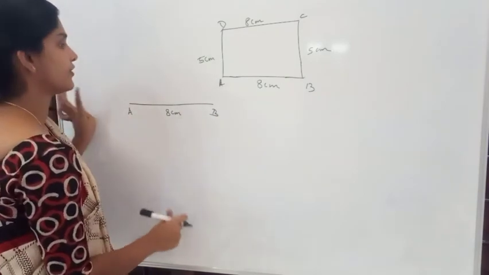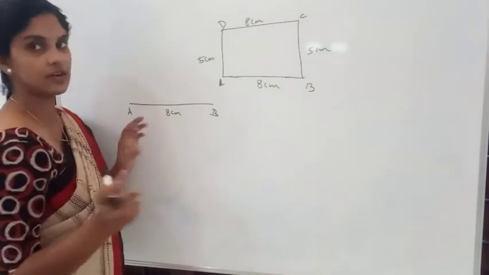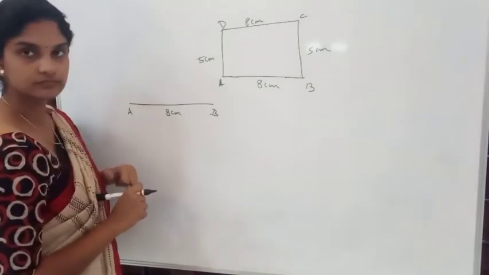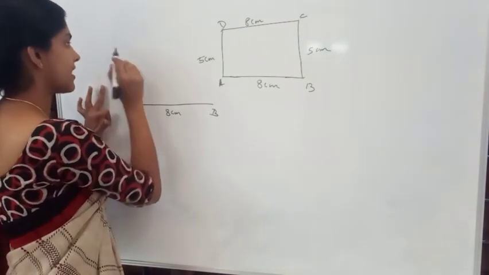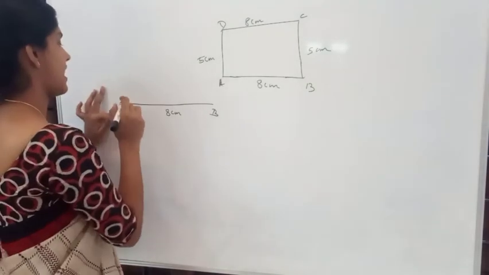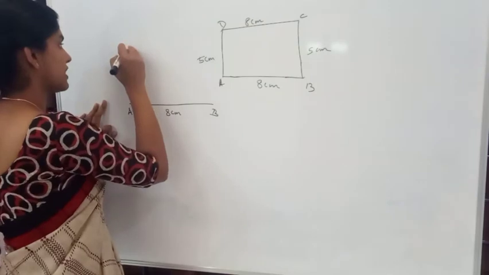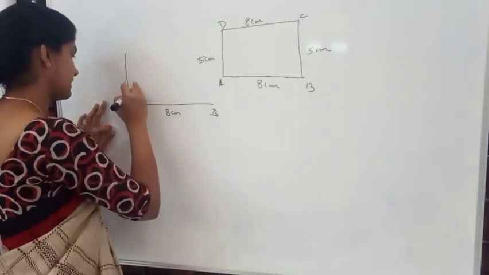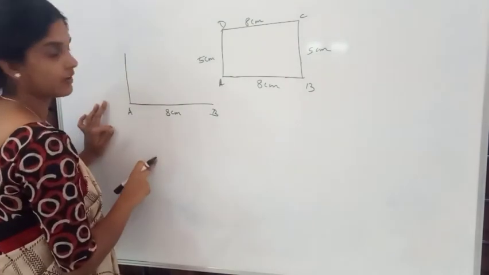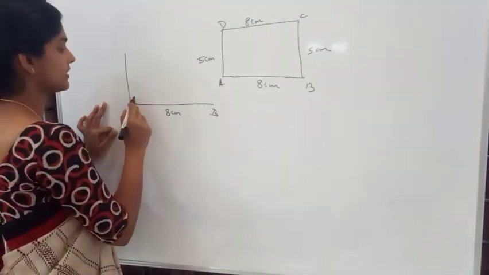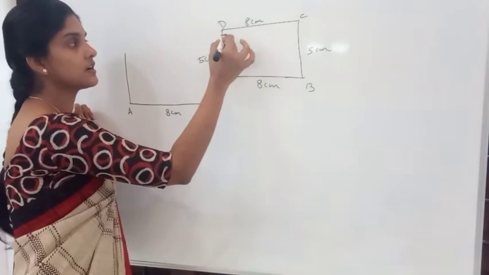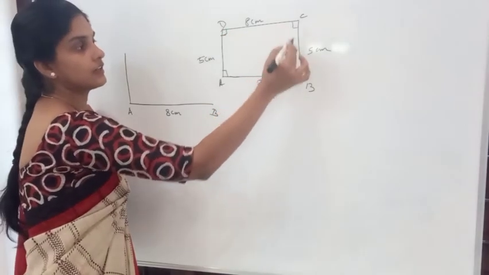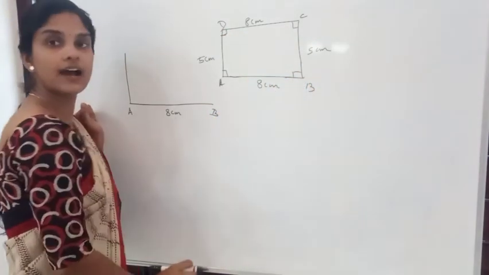Okay? Now, place your protractor over here. Measure 90 degrees. Mark 90 degrees and draw a line. Okay? Why did we take 90 degrees? Because we know that the angles of the rectangle are 90 degrees.